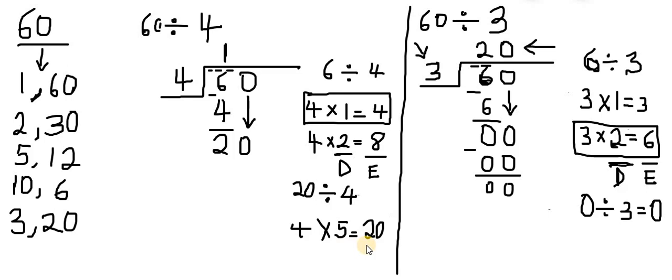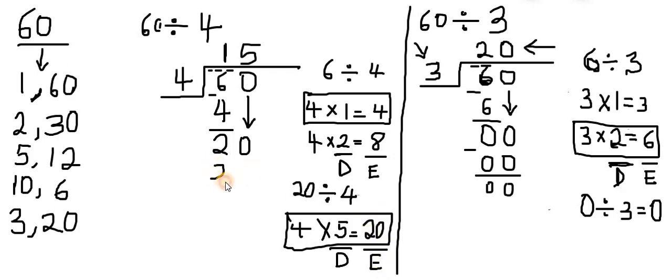Okay, perfect match. So we pick that line, and from column D we take our best answer, 4. 20 divided by 4, which is 5. We put that above the 0 up there, and then for column E we take that answer to check the remainder.